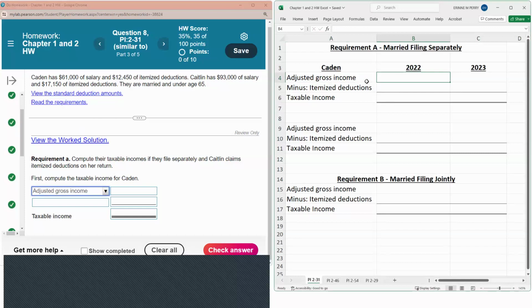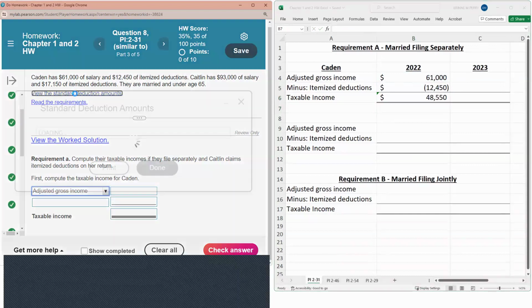So Caden's adjusted gross income is $61,000, his salary, and it lets us know that he has itemized deductions of $12,450. So in such case, the total taxable income is $48,550.